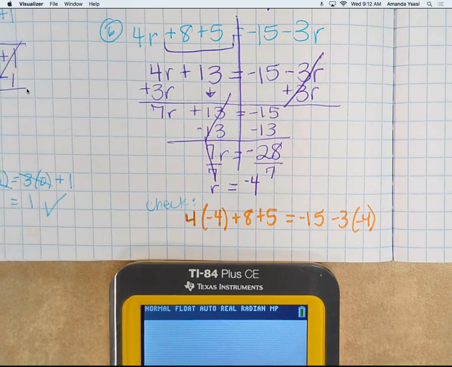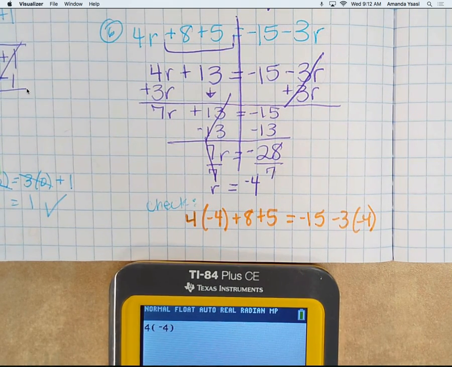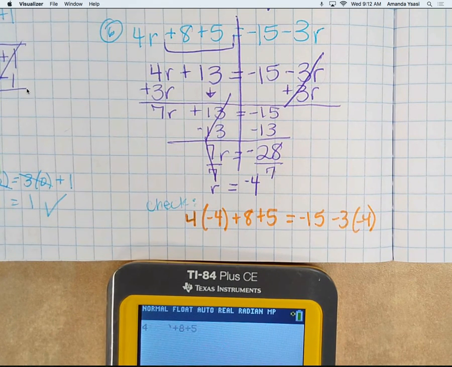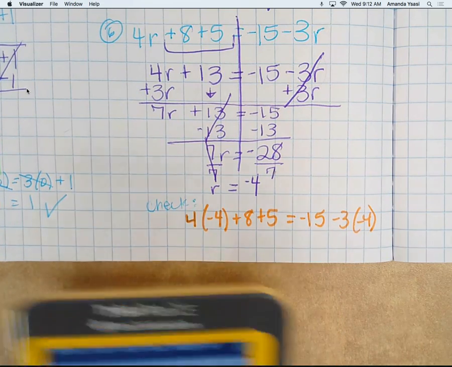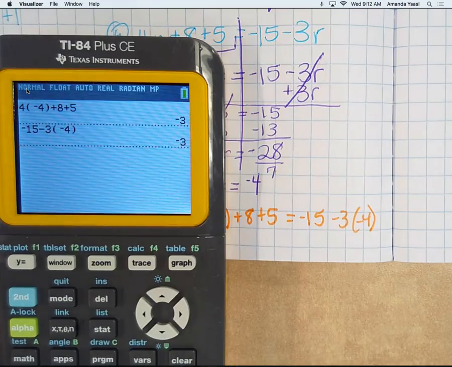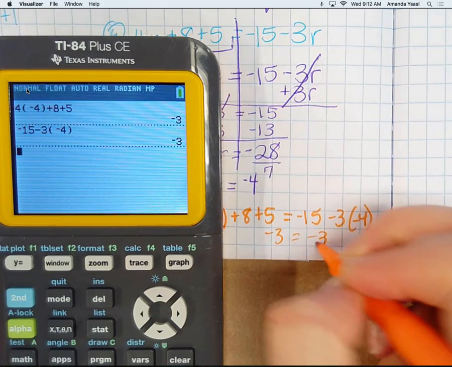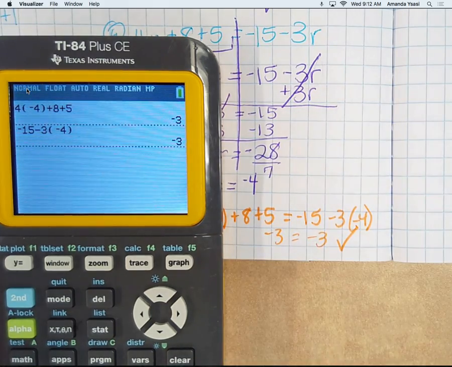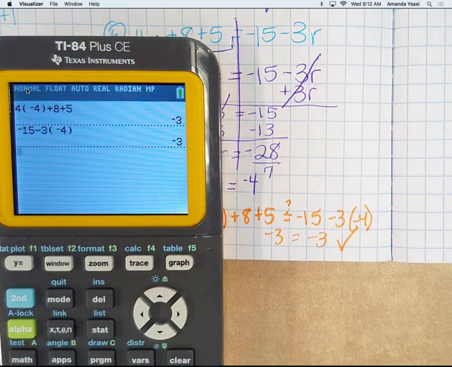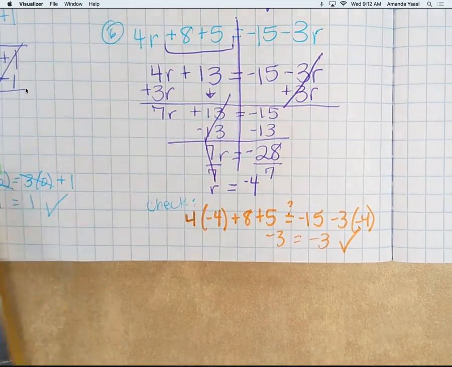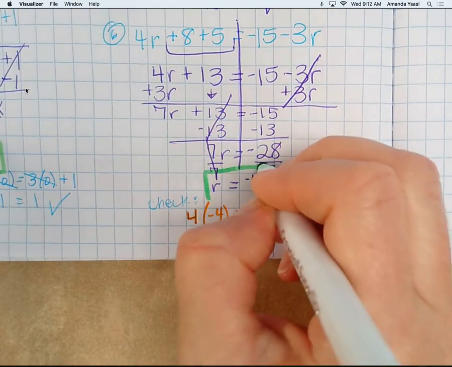We'll put that in. 4 times the negative 4 plus 8 plus 5. Then negative 15 minus 3 times the negative 4. Once you plug them in, both sides will equal negative 3. So this is a way to show that you got the correct answer. So R does equal negative 4.